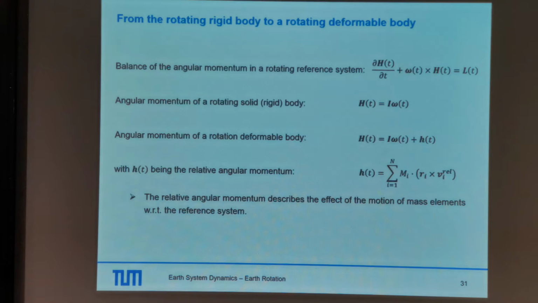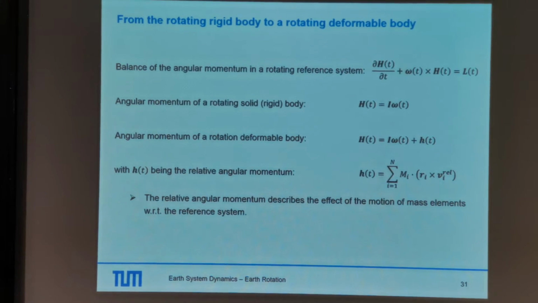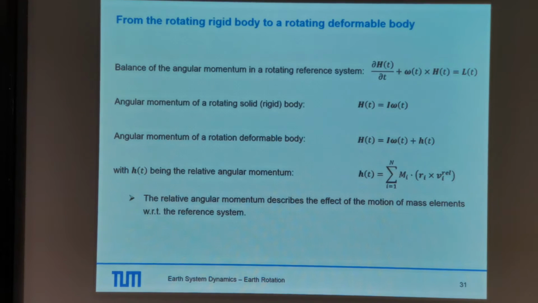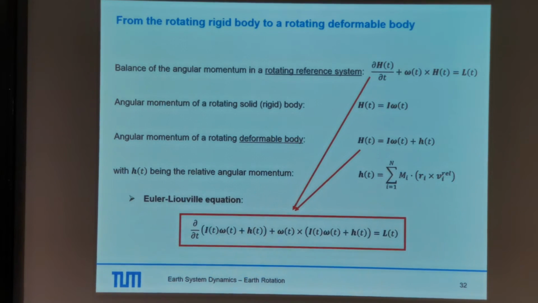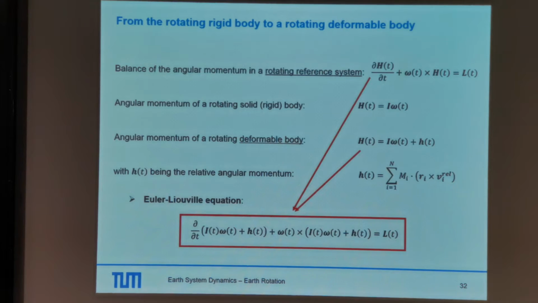So in this equation, the motion comes into the game. If we have wind patterns or anything moving masses over the ocean, then these motions affect these small h quantities. And now we are nearly done.